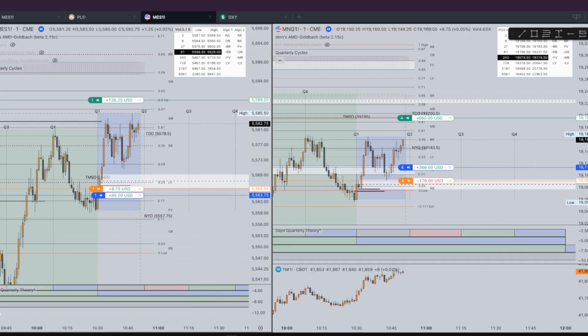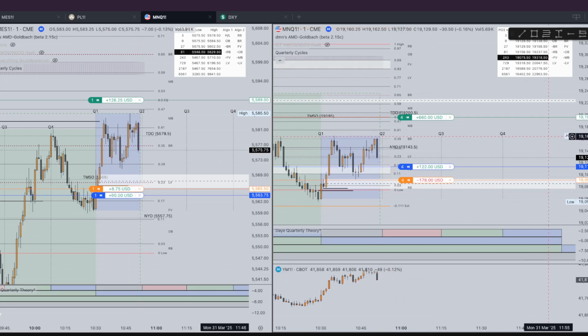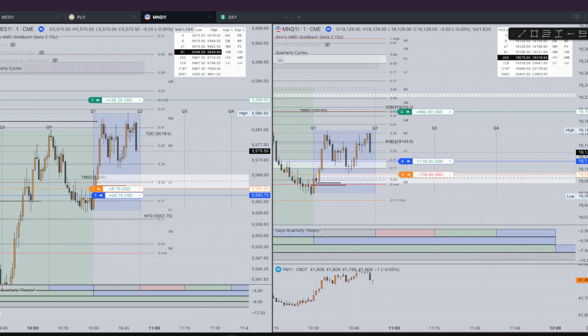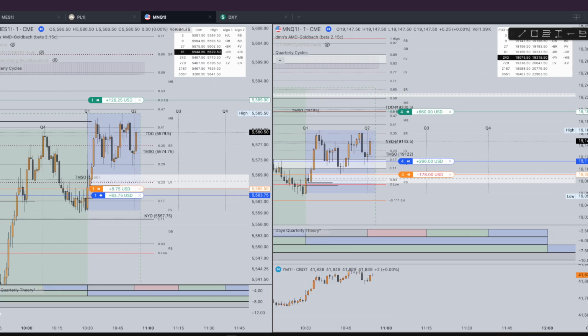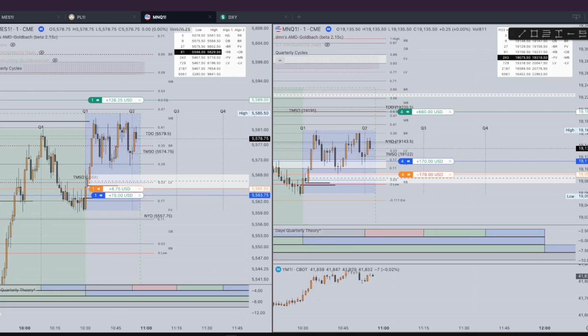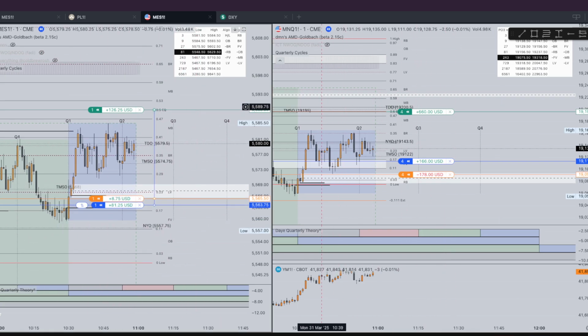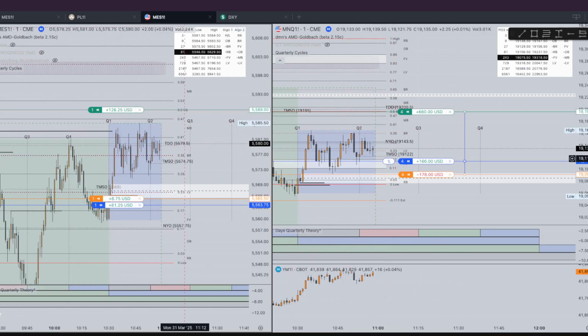We are entering the next macro as well, right? Okay, huge rejection there. Now again, we have to look for sequential SMT between Q1, Q2, this Q4, Q1.